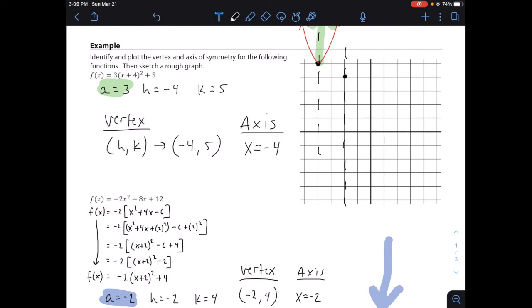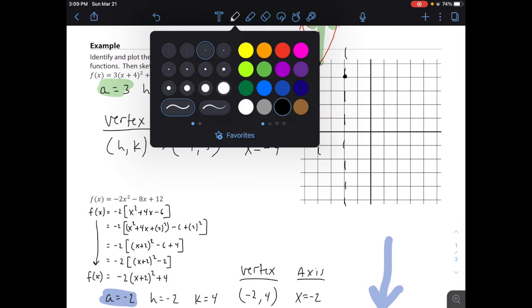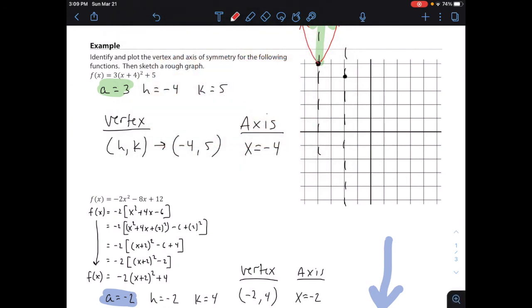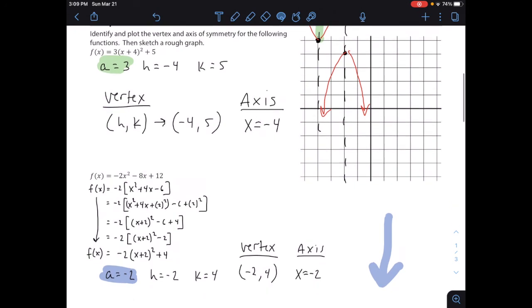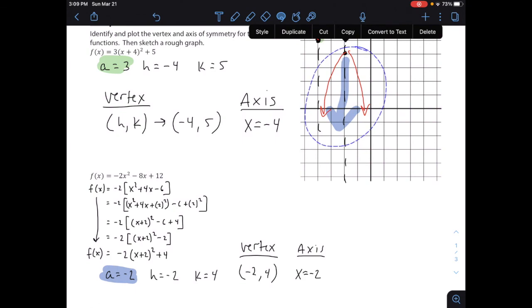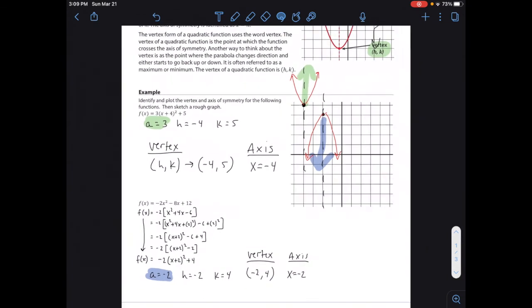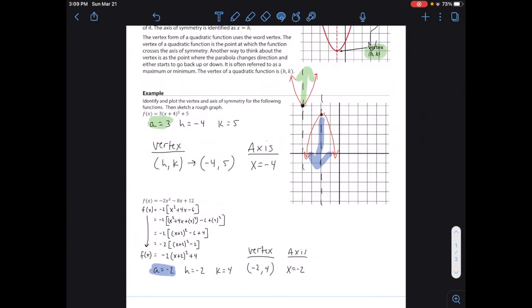In this case, instead of drawing the graph going up, I'm going to draw it going down. It's going to look something like that. I'm going to take this nice, neat arrow that I drew and move it right there. So our graph is going down, and it's because that a is negative.